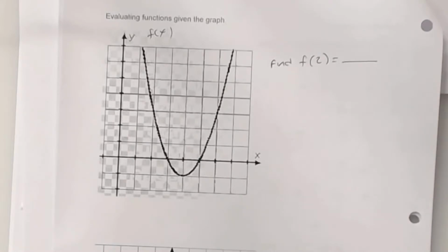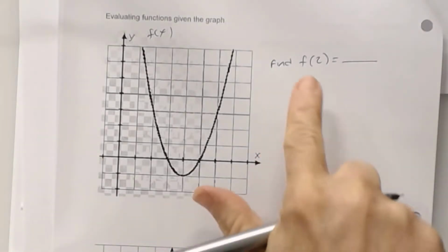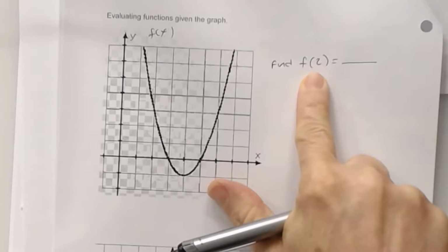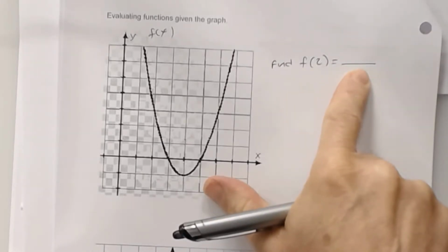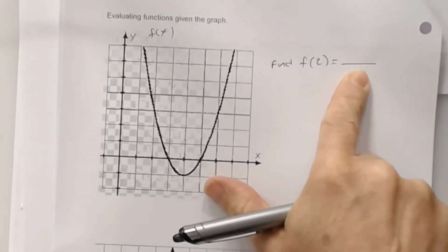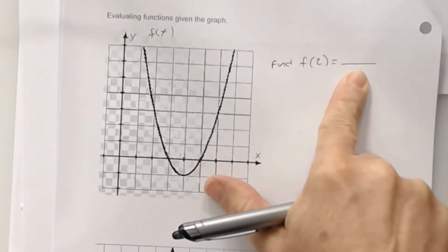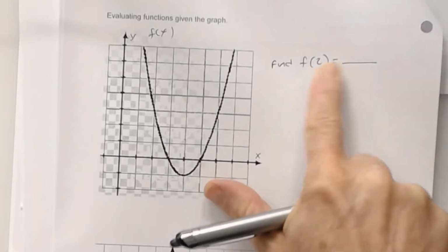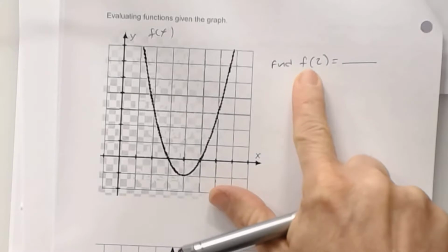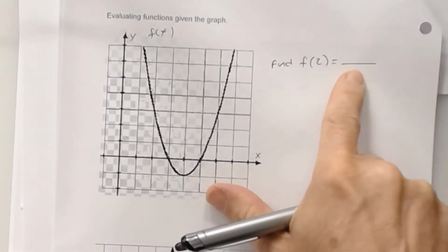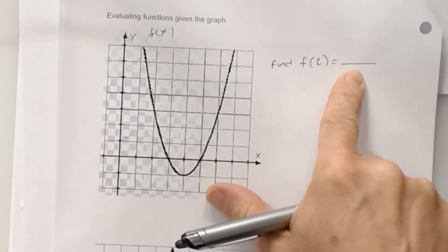Now remember when we did this the other day, what is my x value here? 2. Whatever I put in that blank, that was my what value? My y value. Okay, good. So this is what I'm asking: what is the y value when x is 2?